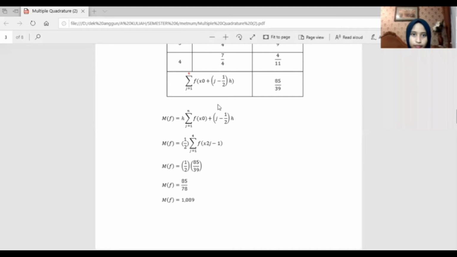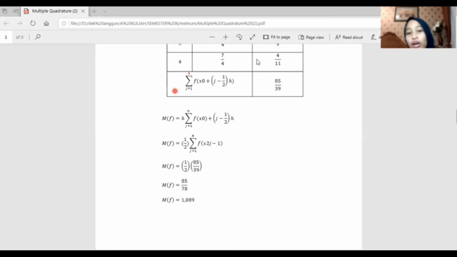So the MF is h times sigma j equal 1 to n of the function of x0 plus j minus 1 over 2h. We get that h is 1 over 2 times sigma j equal 1 to 4 of the function of x0 plus j minus 1 over 2h.